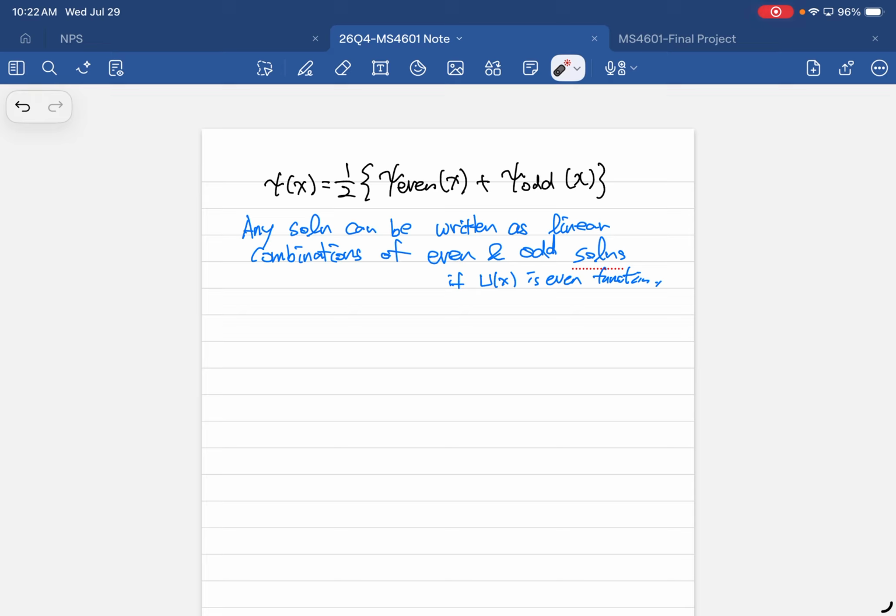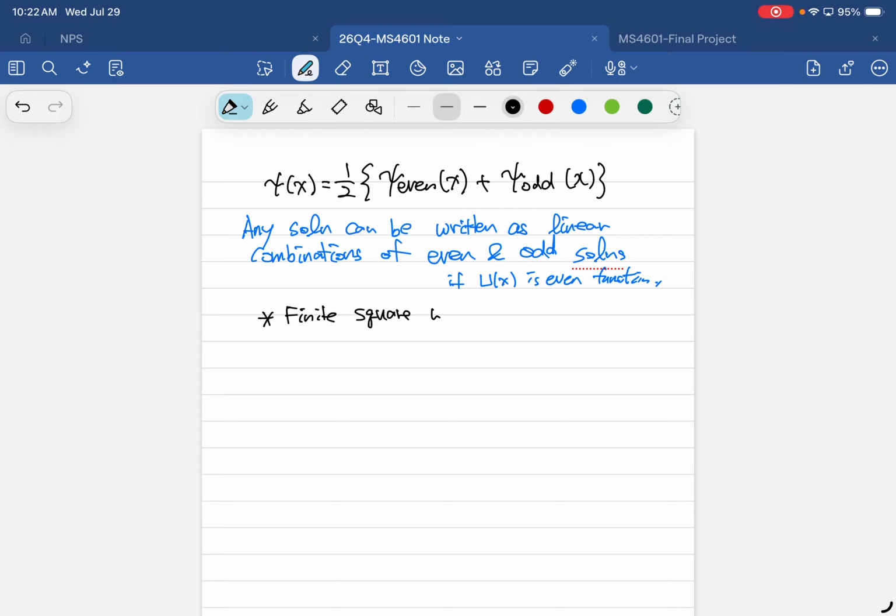So let us look into the specific problem we are going to work on. Let us look into the finite square well. Let me just draw the problem statement first. This is U of x, and here, minus a.